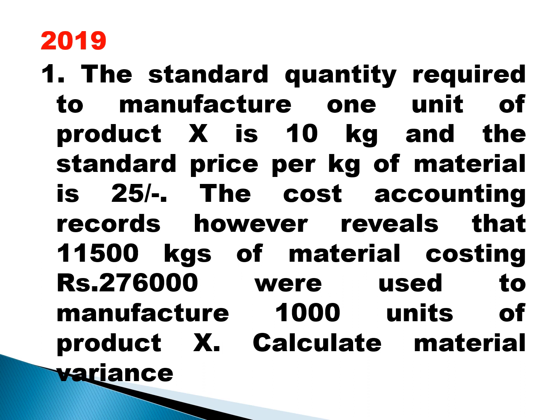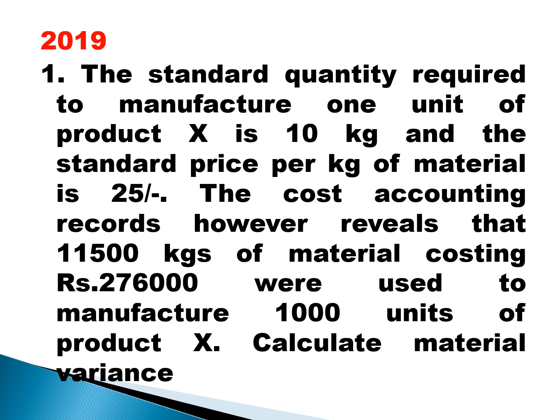So 11,500 is called AQ, actual quantity. But 11,500 kgs were purchased for 2,76,000 rupees. So therefore you need to find AP, actual price.